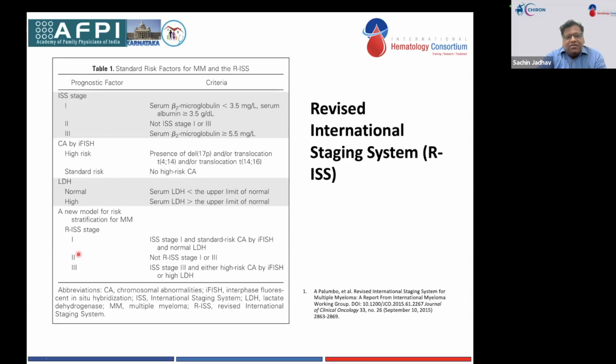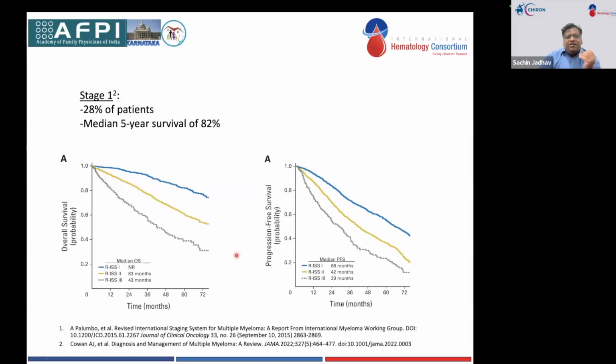RISS stage depends on the beta 2 microglobulin in the blood, the albumin, and the genomic abnormalities, and we combine all of that information and we say, hey, you are stage 1, stage 2, stage 3. Why should we do that?